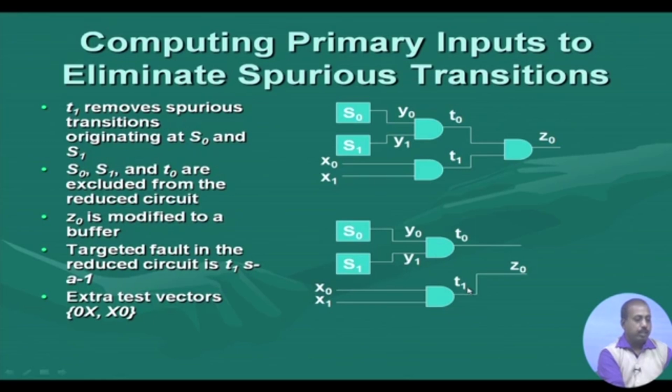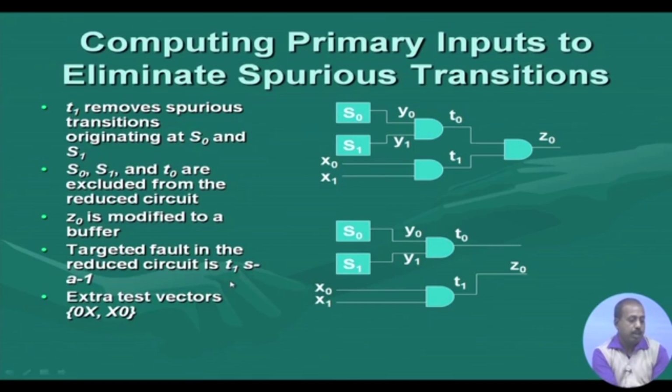To generate this T1 stuck at 1, I have to set X0, X1 to such a value that I get a 0 at this point, because if I get a 0 at this point, T0 will get suppressed. So T1 should be stuck at 1. A fault generator, ATPG, can be used for this purpose.